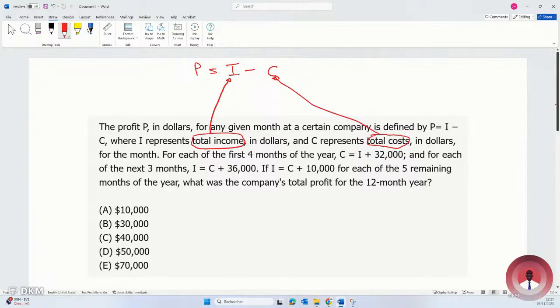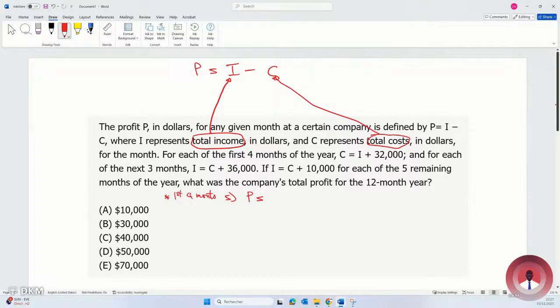For each of the first 4 months of the year, C is equal to I plus 32,000. So if we say first 4 months, it's going to give us P.